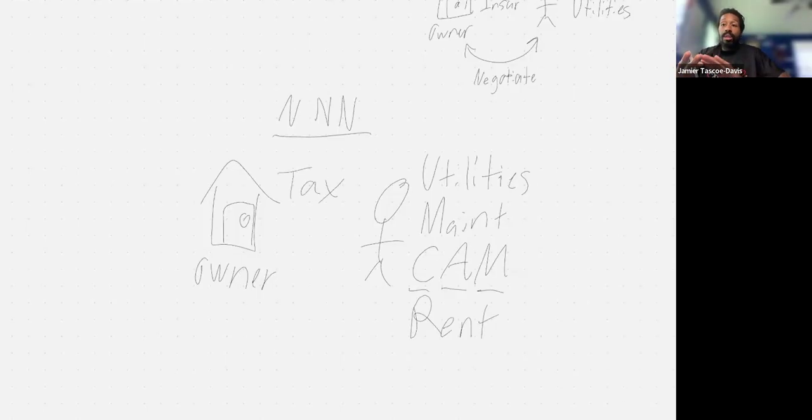We're not really negotiating anything. If we sign a new lease, the only thing that we may negotiate is the rent bumps. Rent bumps are what make this such a predictable asset class, because it's in the contract that every single year you're going to see a rent increase of 2.5%, 3%.